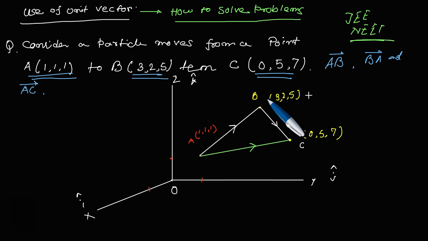AB means A to B. BA is B to A. Clear? B to C is BC, and then AC. The direction of the arrow is very important because it tells you from where to where you are going.